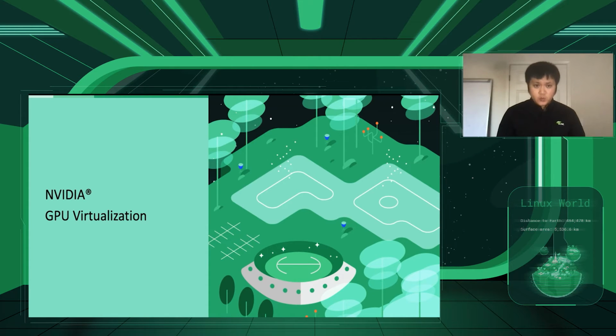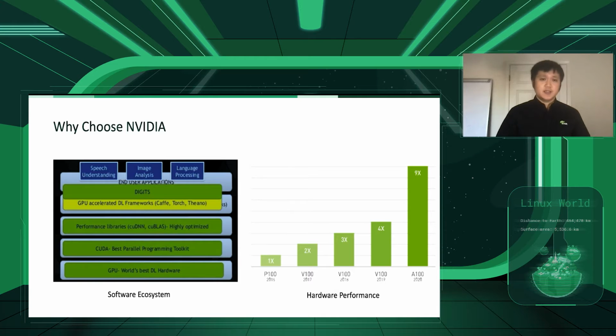Anyway, we actually chose NVIDIA GPU virtualization as our solution. There are actually many reasons. First, it's quite powerful. They have a very good software ecosystem. For example, CUDA. As we know, NVIDIA is the only GPU that could use CUDA directly.